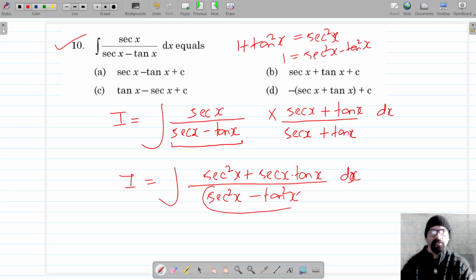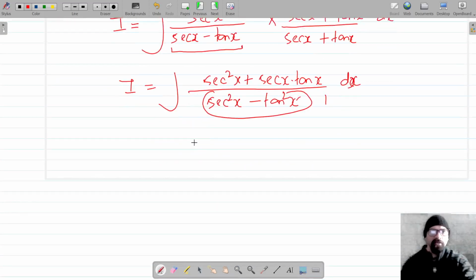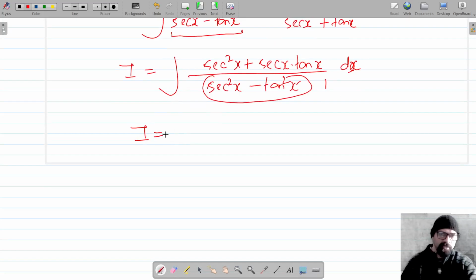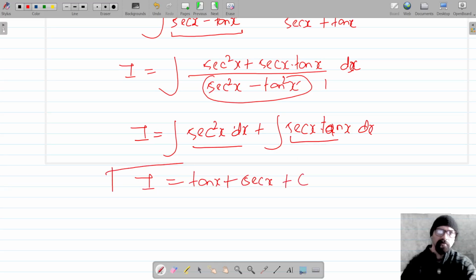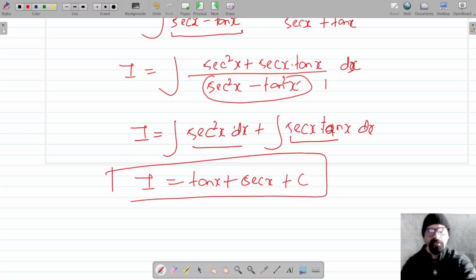So the denominator is reduced to 1. Finally, we are left with I equal to the integration of secant square x plus secant x into tan x dx, and let me separate the integration. Now the integration of secant square x is tan x, and of secant x into tan x is secant x. So I is equal to tan x plus secant x plus c.